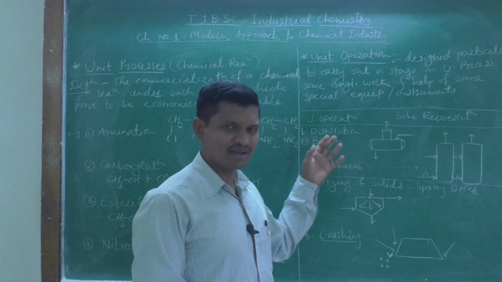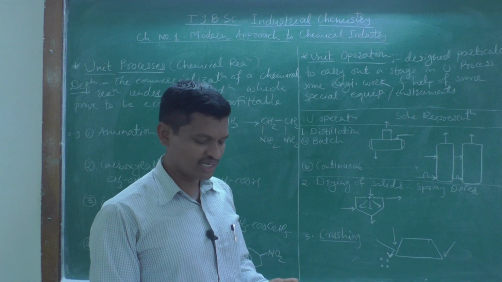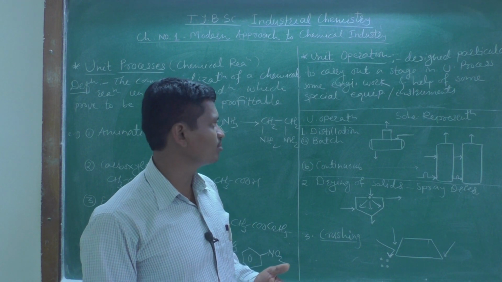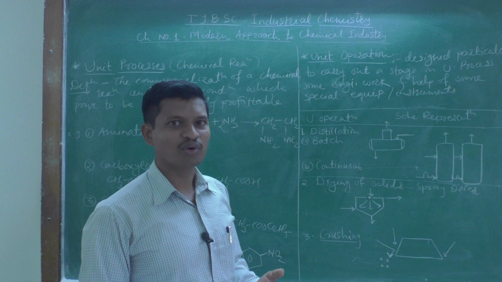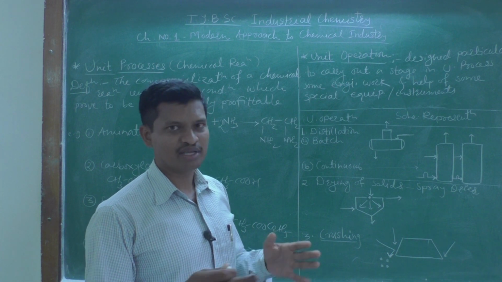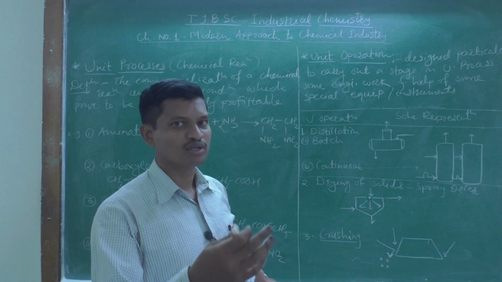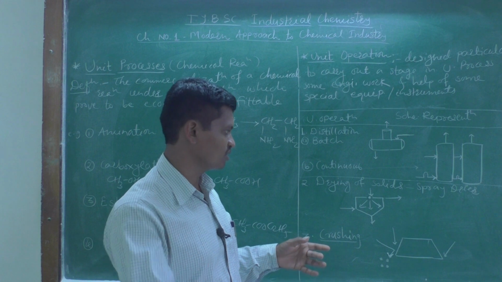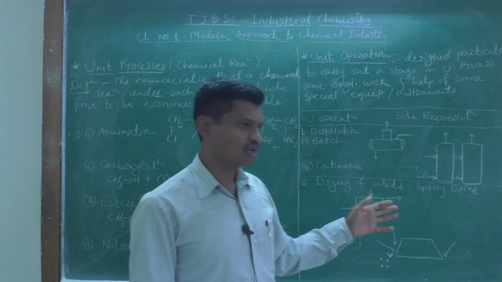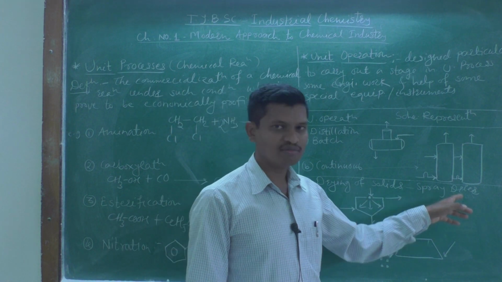Then next, there are a number of unit operations. Crystallization is there, condensation is there, drying is there, distillation is there. All these operations have different schematic representations, and they have special uses or purposes in chemical industries. Drying of solids can be done in many ways. This is a spray dryer.